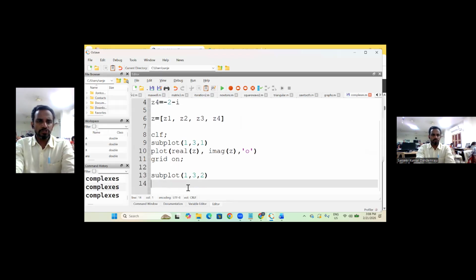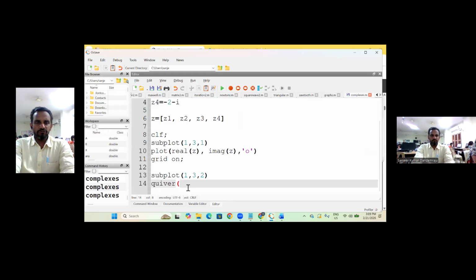So I'm going to use quiver. So here we have to define origin as well as ending point, starting point and ending point for both x and y coordinates. Okay.